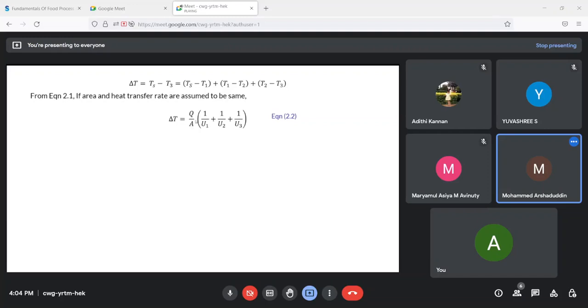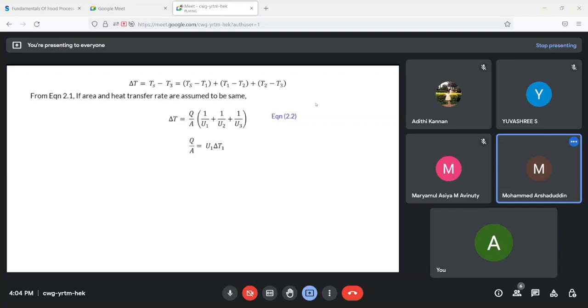Had it been only one effect, we would have Q by A by U1. If it was only the second effect, we would have Q by A by U2. Since we are considering all three effects, we will have an addition of the overall heat transfer coefficients: Q by A into 1 by U1 plus 1 by U2 plus 1 by U3.